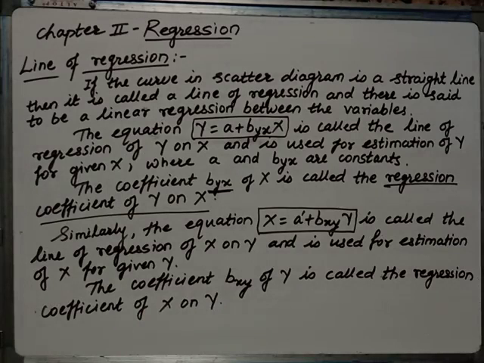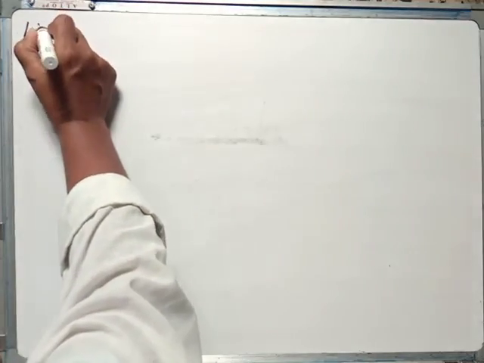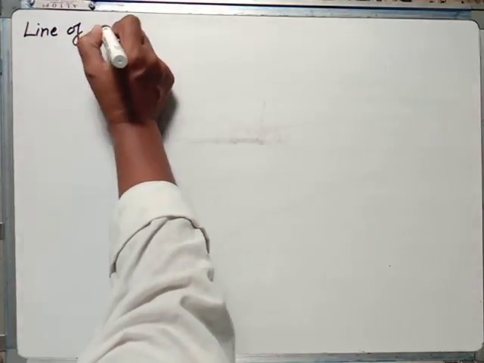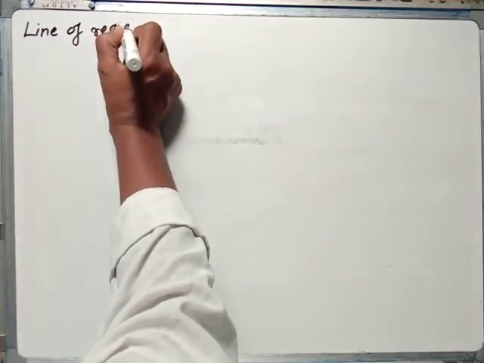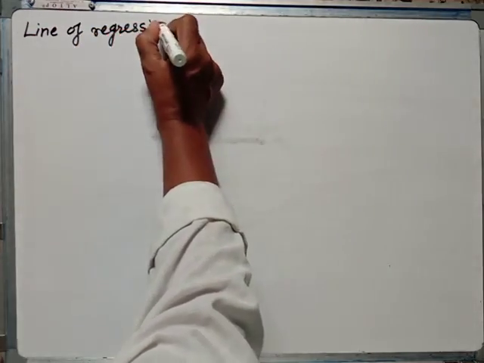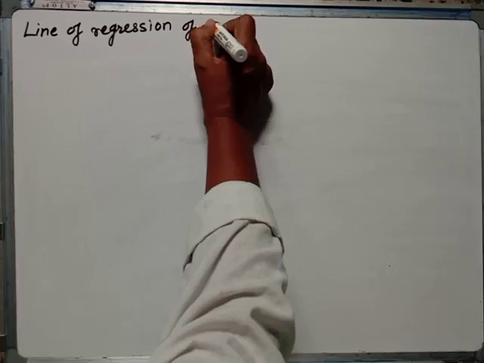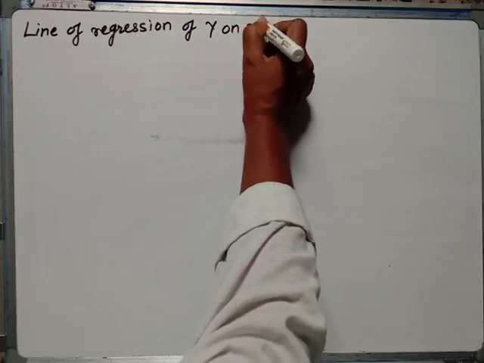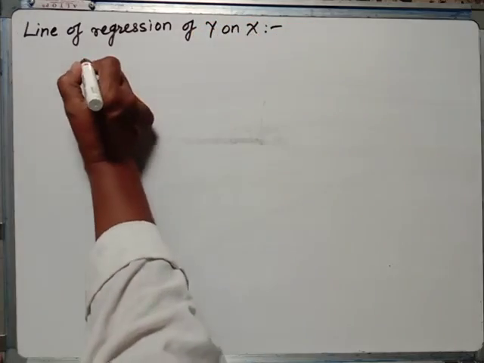Now let's see these things in detail. First, line of regression of y on x is what?